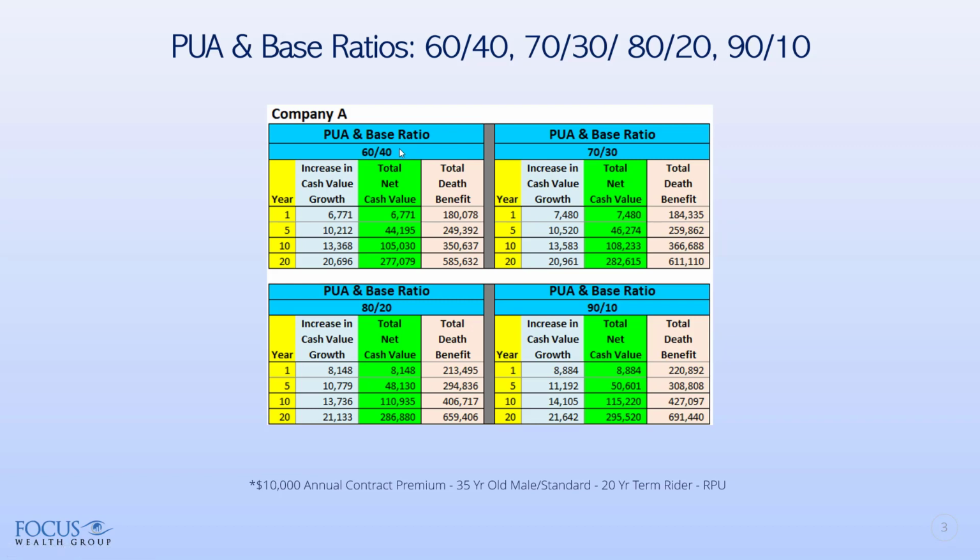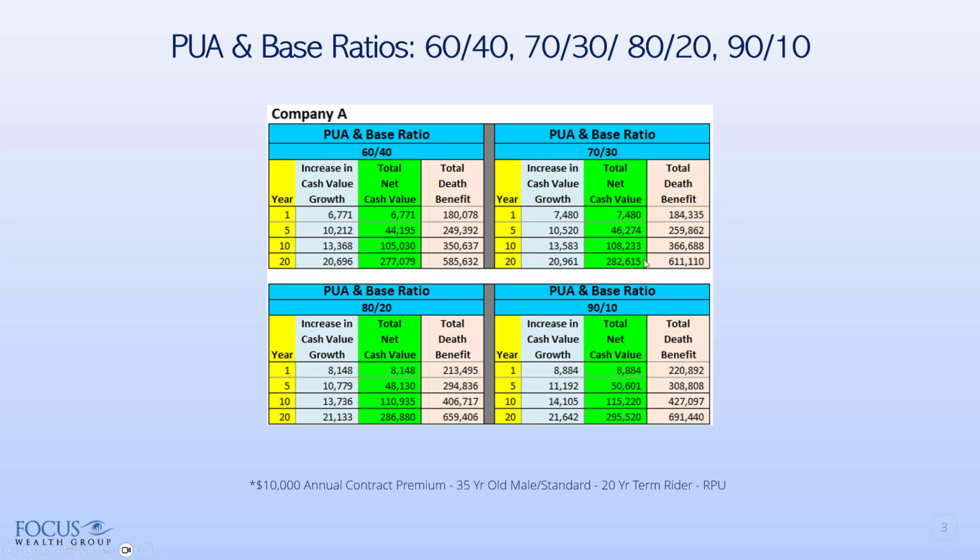$10,000 goes in and we see the net cash value of $6,771. In the 20th year, we see the cash value of $277,000. Now, how does that compare to the 70-30? In the 70-30, the first year cash value is $7,480.